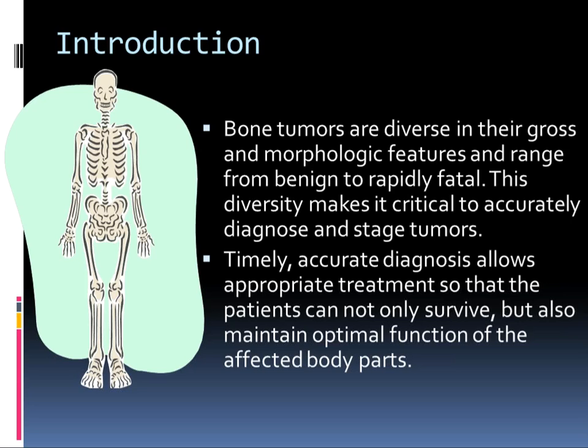So see, bone tumors are diverse in their growth, gross and morphological features, and range from benign to rapidly fatal. I told you just now. This diversity makes it critical to accurately diagnose and stage the tumor. Timely, accurate diagnosis allows appropriate treatment so that patients not only survive but also maintain optimal function of the affected body part. That is timely diagnosis.